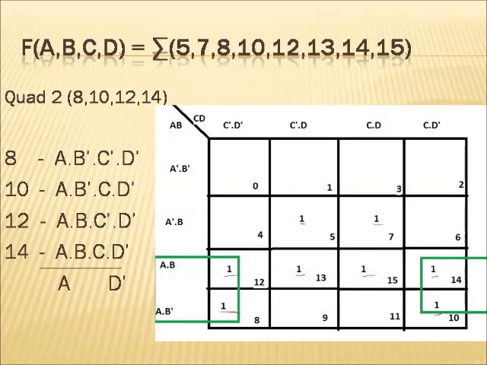Right. And in the case of 14, it is A, B, C, D bar. Okay. So we have got the corresponding variables for the selected index positions 8, 10, 12, 14.